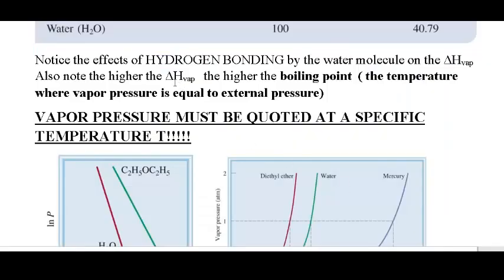The higher the delta H of vaporization, I think this makes intuitive sense, the higher the boiling point. It's going to take more energy to break apart those hydrogen bonds if you have stronger intermolecular forces.